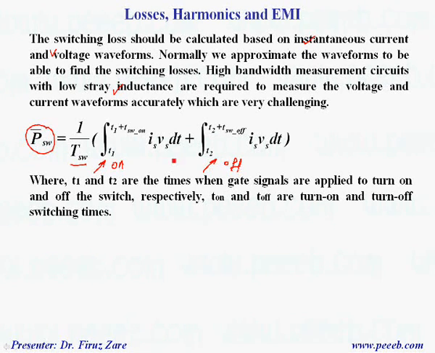T1 is the time that we apply the gate signal, and T_SW,on is the switching time when the switch is getting on. T2 is the time that we remove the gate signal, and T_SW,off is the switching time when the switch is getting off.